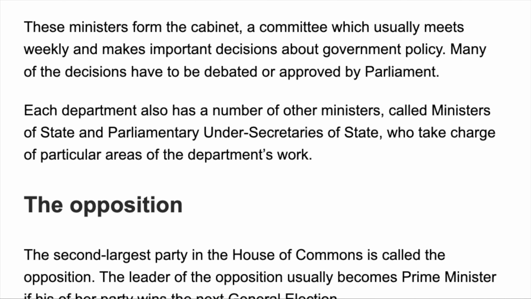These ministers form the cabinet, a committee which usually meets weekly and makes important decisions about government policies.